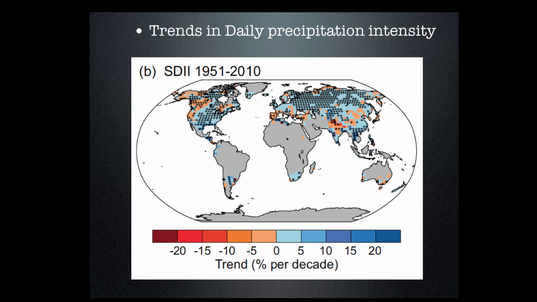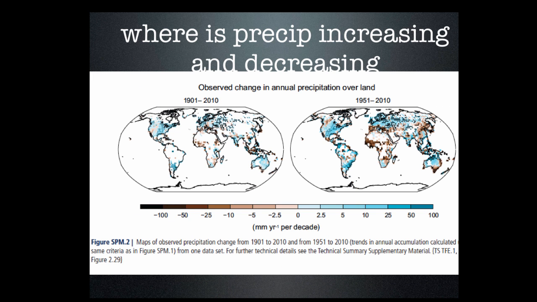And you can see that over most of the United States, we have an increase in precipitation intensity. Pretty much everything east of, and including some of the Rockies, the Pacific Northwest, the Southwest is all increasing in intensity. Same thing with Eurasia, and we have just a few areas where it's actually decreasing in intensity.